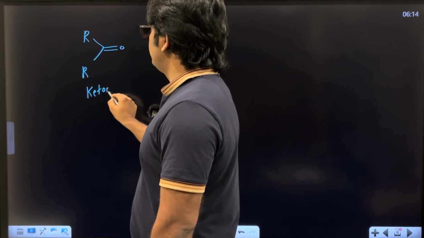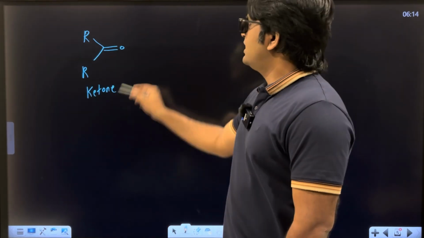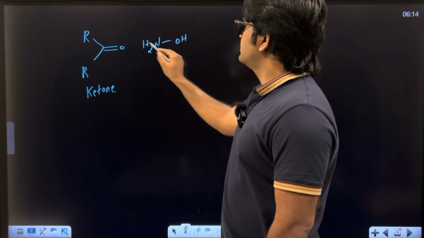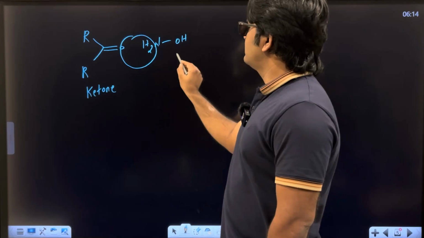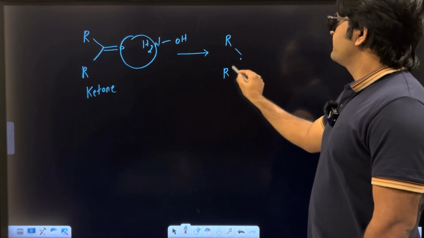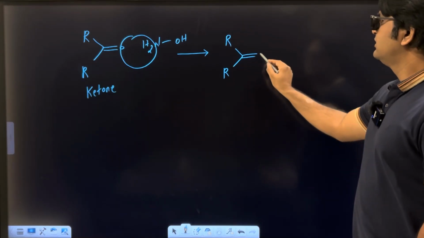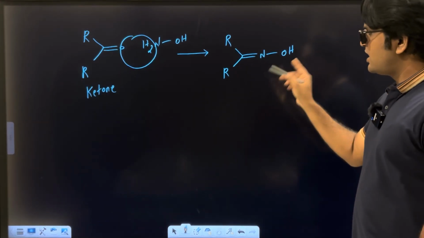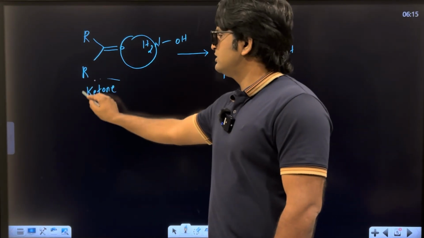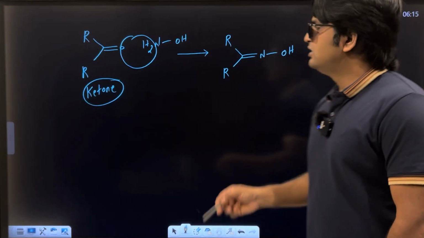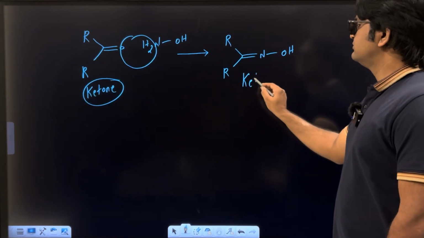Now this functional group is taken as ketone. Again use NH2OH, hydroxylamine. Now remove a water molecule from these two and then you write R and R, double bond, next NOH. Now this is also an oxime, but where is that oxime coming from? From aldehyde or ketone? That oxime is coming from a ketone. Now this is known as a ketoxime. Is it clear?